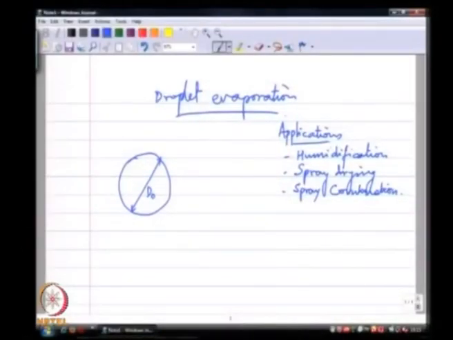Okay, so let us just look at diffusion, more specifically Fickian diffusion.